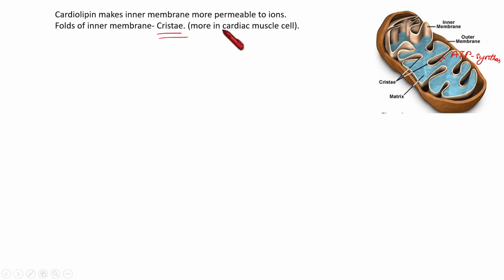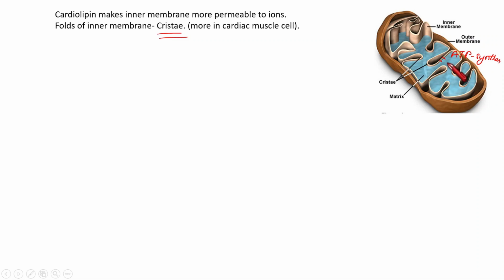So, if we consider a cardiac muscle cell, we already learned that it requires a constant, continuous supply of energy in the form of ATP. So, the mitochondria present in such cells contain an enormous amount of cristae folding.